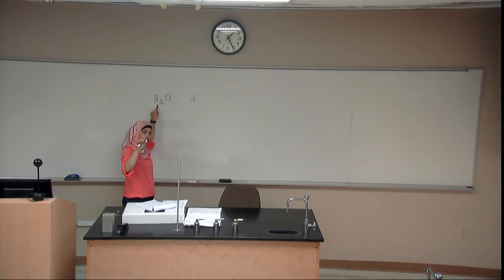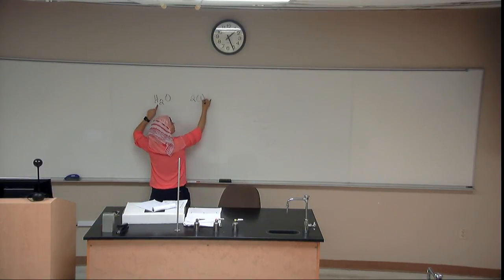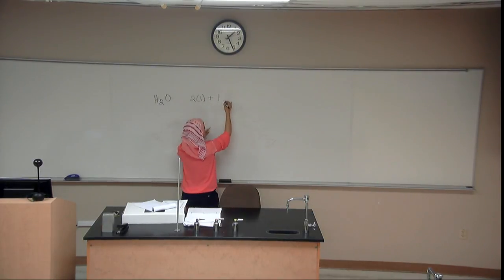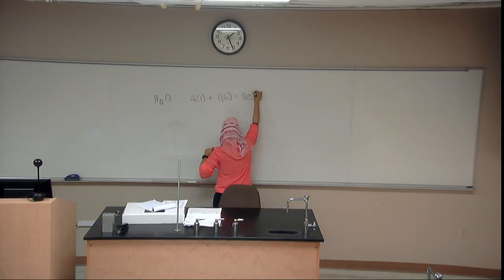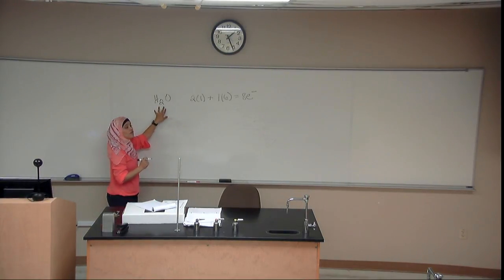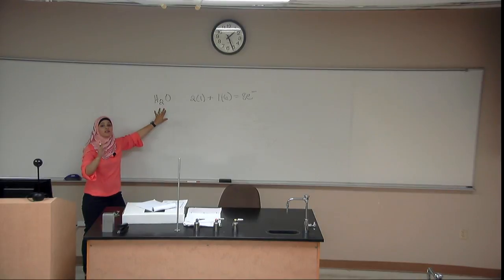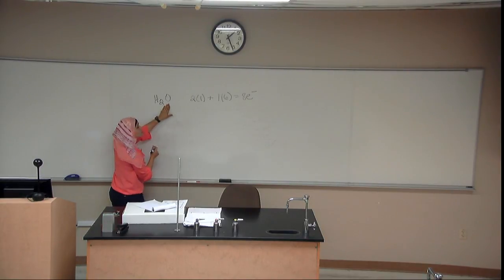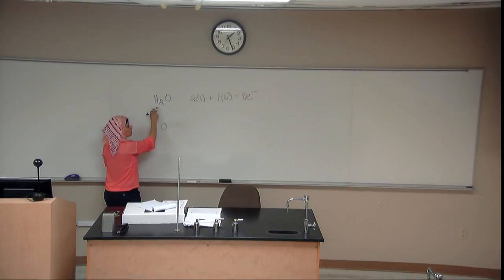Each hydrogen is 1 valence electron, so times 2, plus I have 1 oxygen, and each oxygen has 6 valence electrons, so I have 8 electrons that I have to share between these 3 lovely atoms, so everybody has a full octet or a duet, and they are energetically happy, right? Or stable. So, the central atom is the oxygen, because there's 1 of that and 2 of those, so chances are it's going to be in the middle.